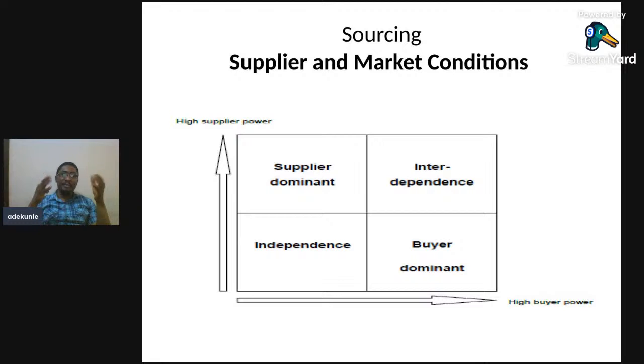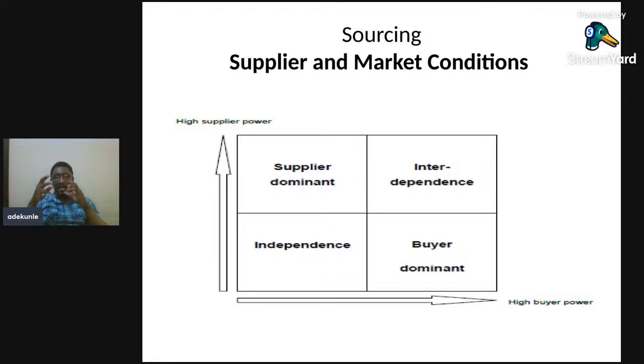The risk in operating in that environment is reduced, because as the producer of that product, you have the power, since you're independent of either the supplier or the buyers. Now, if you operate in a market where you have high supplier power and very low buyer's power, that market is determined to be a supplier dominant market.